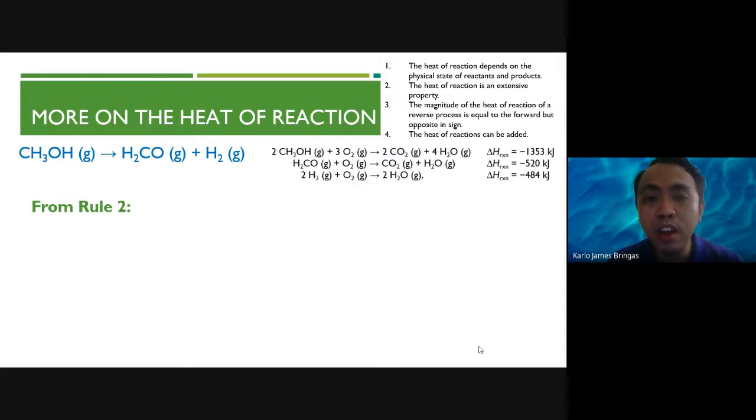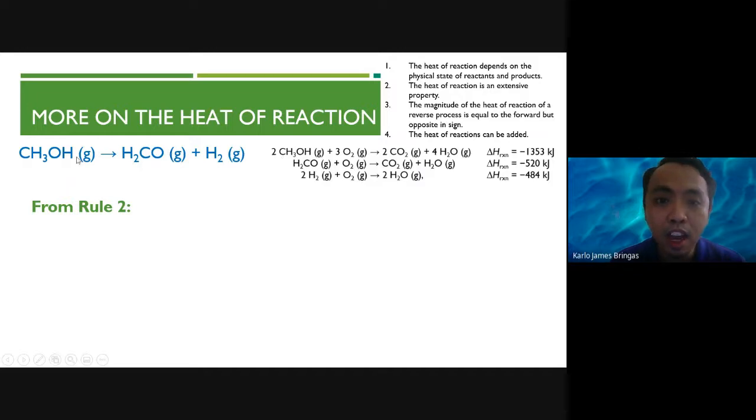So what we're gonna do is as follows. We look at our data in here and we notice the following. Una-una, the first thermochemical equation that we have in here has the CH3OH, which corresponds to this one in the final equation that we're supposed to be getting.